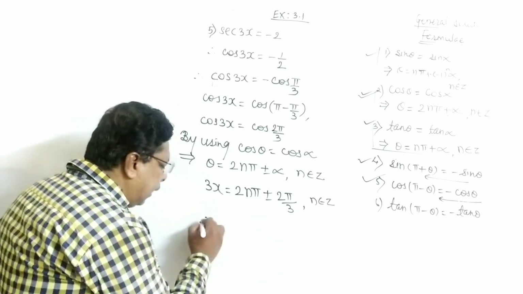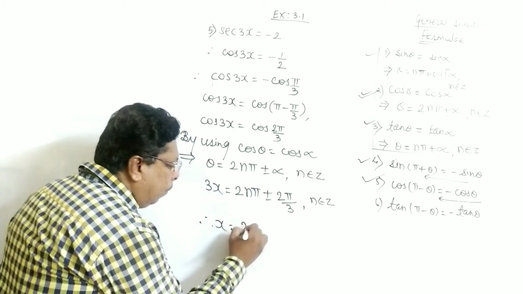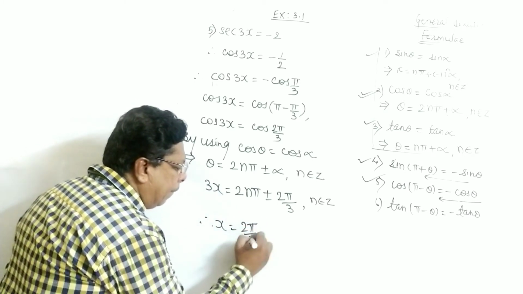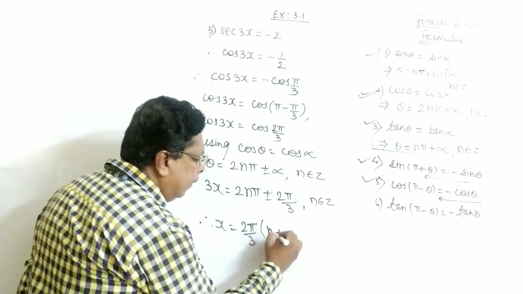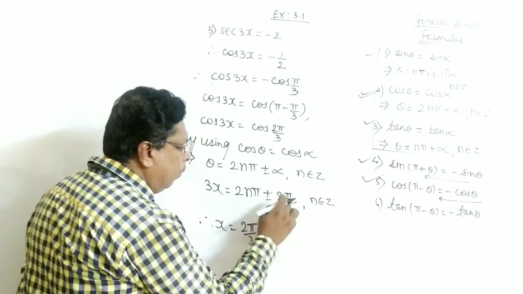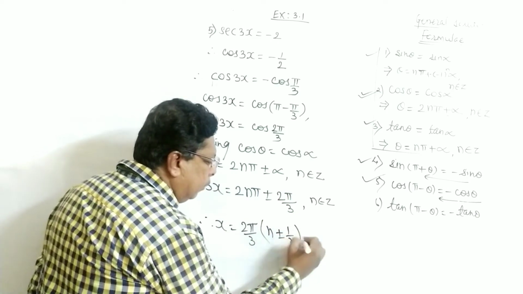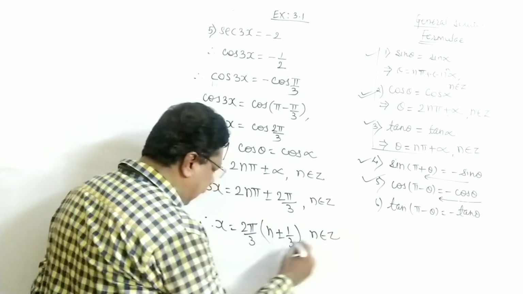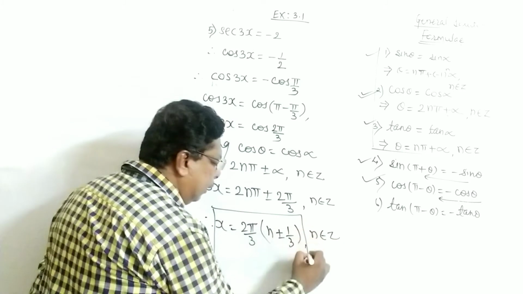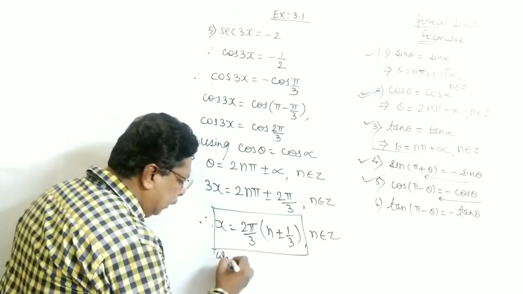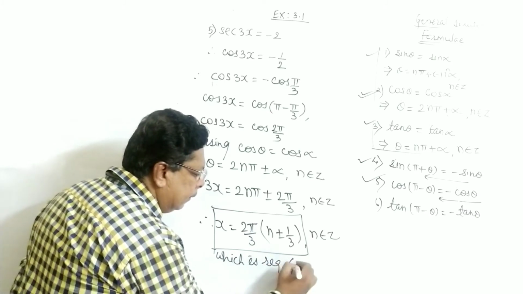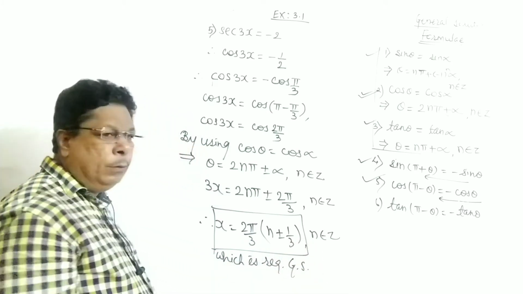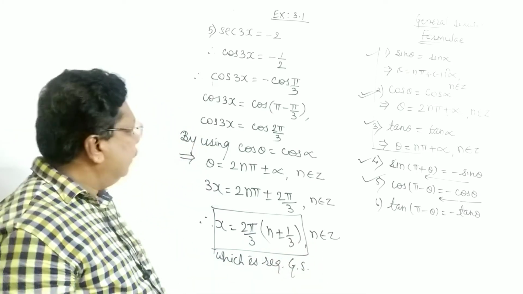So this becomes x is equal to 2 pi upon 3, in bracket what will remain? n plus minus 1 upon 3, n belongs to z, which is the required general solution of the trigonometric equation.